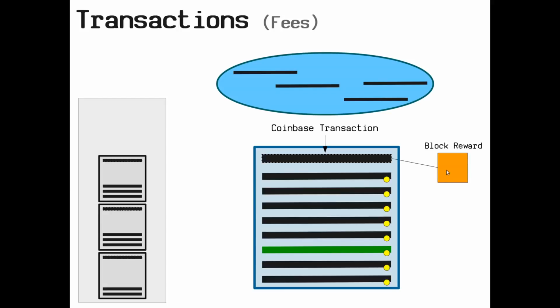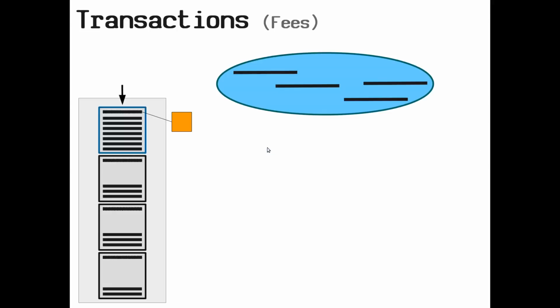So instead of just sending themselves the block reward, which is currently 12.5 Bitcoins, in the Coinbase transaction, they will also include all the fees from the transactions they have included. So there we are. This block gets mined, and this Coinbase transaction recycles all the fees and creates a new batch of Bitcoins with the block reward in it also.